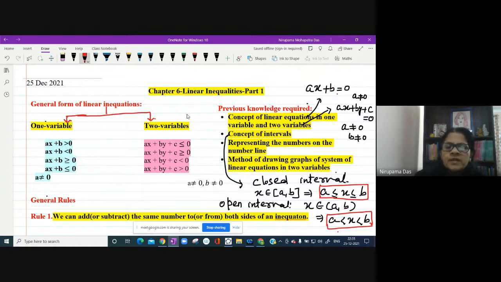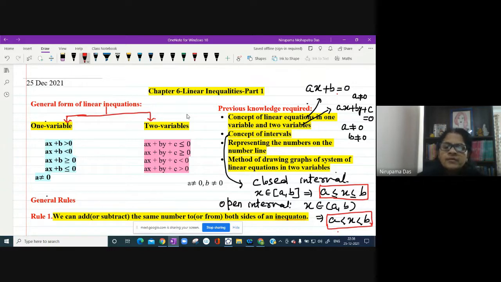Here you can see ax plus by plus c less than equal to 0, ax plus by plus c greater than equal to 0, ax plus by plus c less than 0, ax plus by plus c greater than 0. So these are basically the general forms of linear inequation.